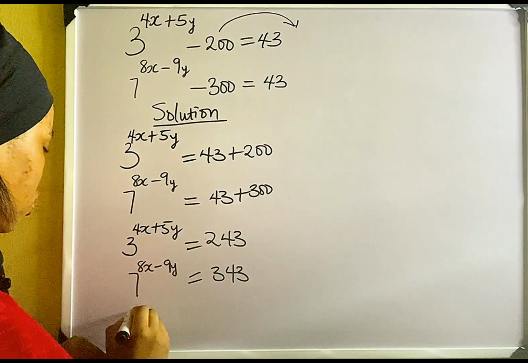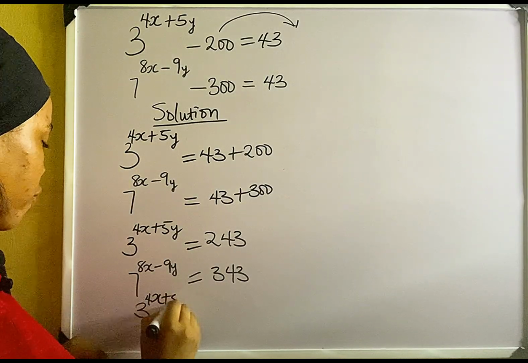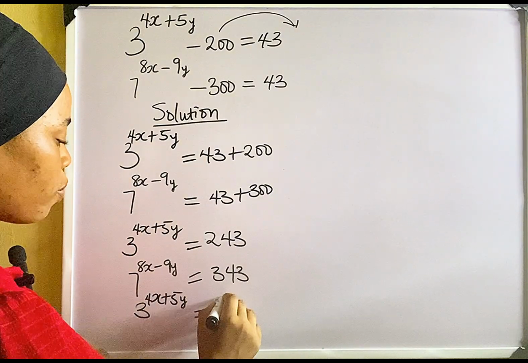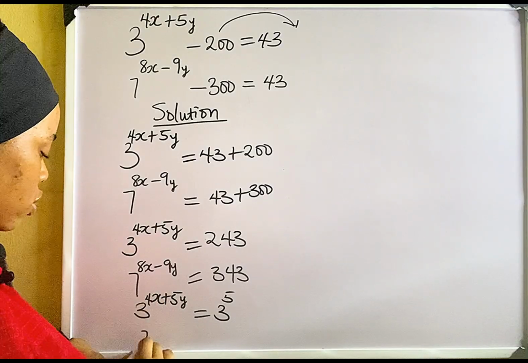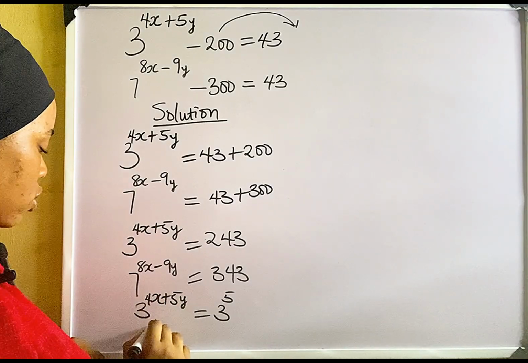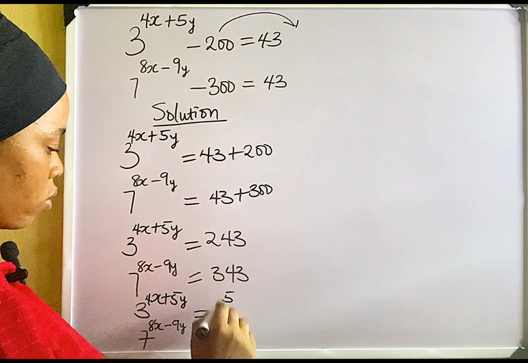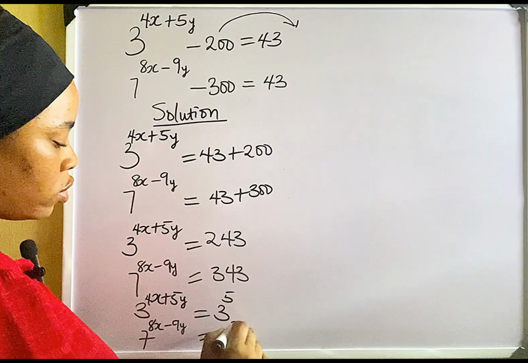343. So in that case, we'll be rewriting this as, so this becomes 3 raised to the power of 4x plus 5y equals 3 raised to the power of 5, and then this becomes 7 raised to the power of 8x minus 9y equals 7 raised to the power of 3.